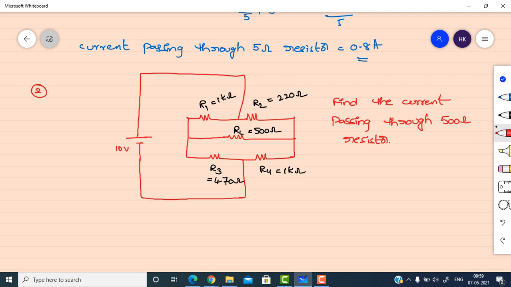So RL is the load resistor. We have to remove that load resistor first. Next, find out the currents in the two loops. Then using those currents, find out the open circuit voltage. After that, find the equivalent resistance between the load terminals by replacing the voltage source with a short circuit. Then the final step, you can find out the current using the formula VThevenin by RThevenin plus RL.